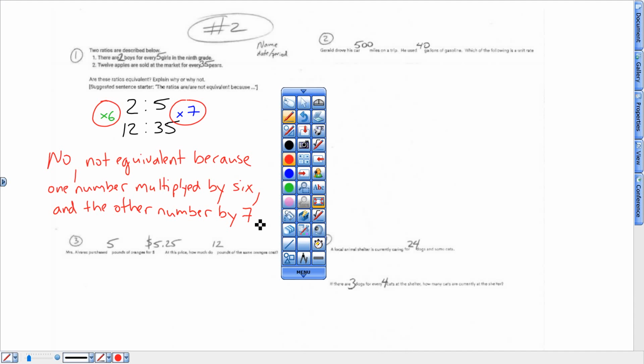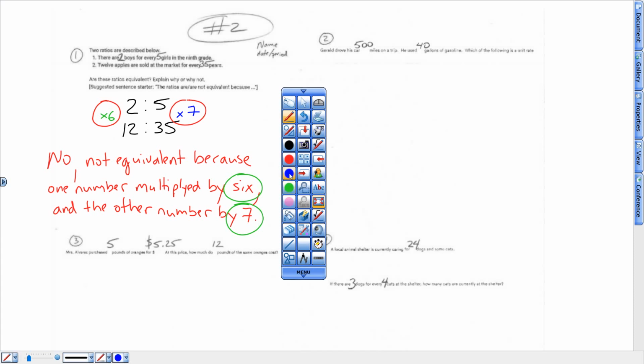If I would have multiplied both those numbers by the same exact number, then it would have been a yes. But since this one is times by two different numbers, that means the ratios are going to have different values. That makes this a big fat no. First word is the. The.